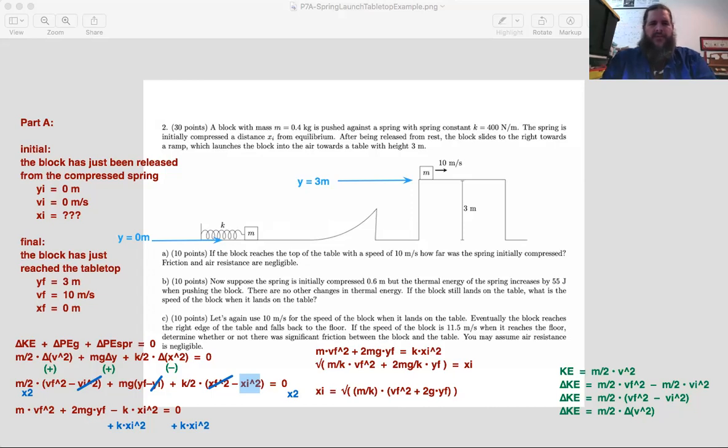If we've got 0.4 kilograms divided by 400 newtons per meter, how could we simplify that?